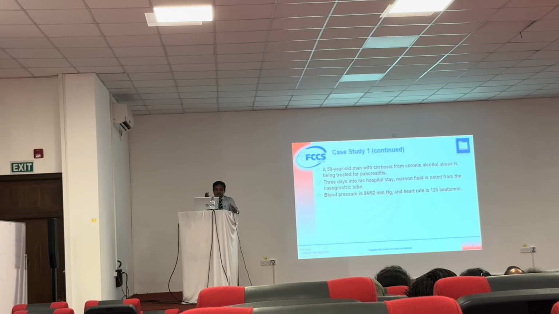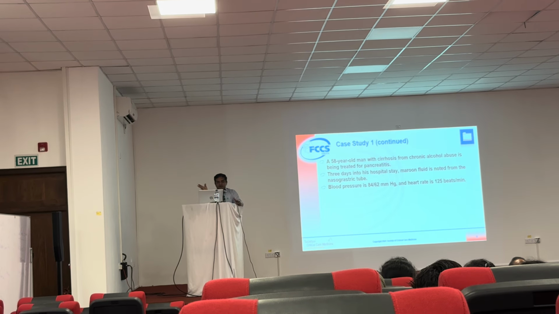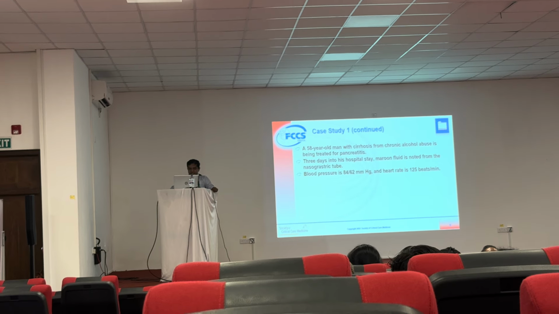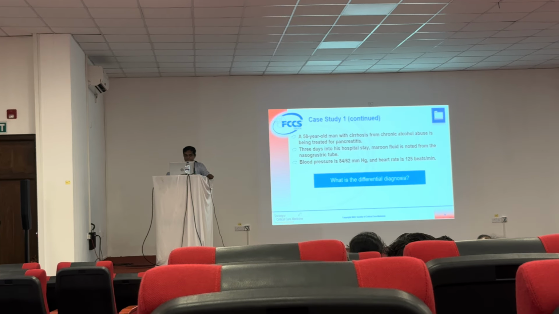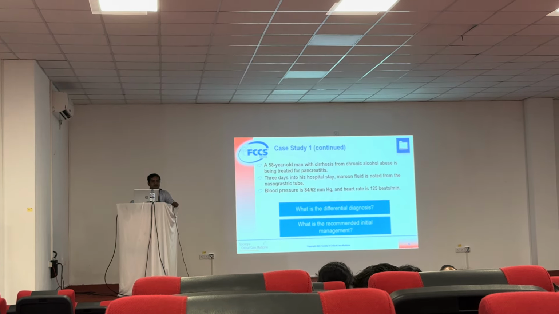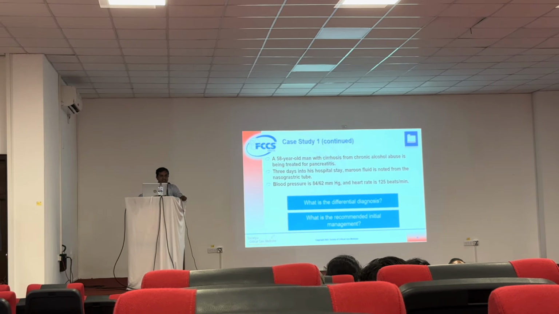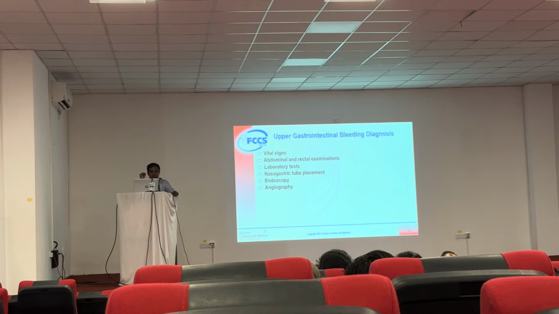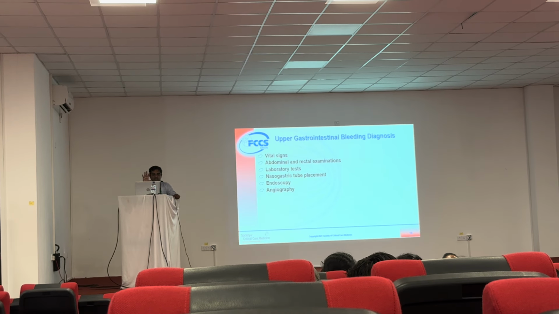So we will go into that partly. We are going to discuss some upper GI bleeding. So we will see. We are going to discuss the differential diagnosis as well as management types. So first we will discuss the management.